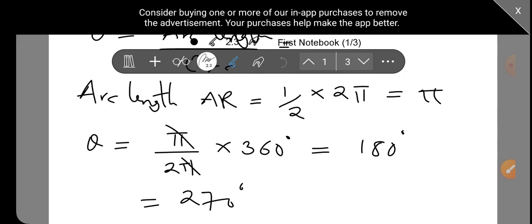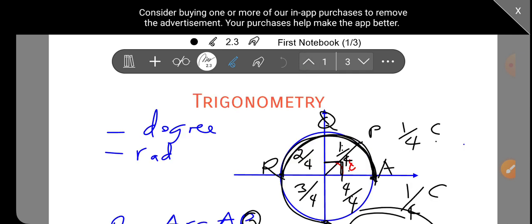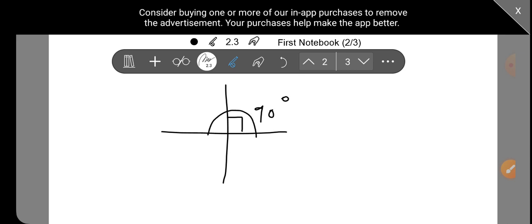So let's now go to the other part, where we'll look at the same angles. Before I go further, we have seen that if I've got a circle, from here to here we get 90 degrees, from there to there 180 degrees, then 270 degrees, and then 360 degrees.